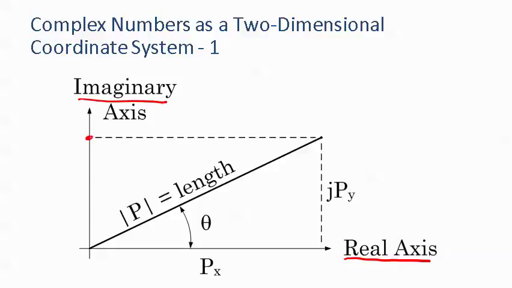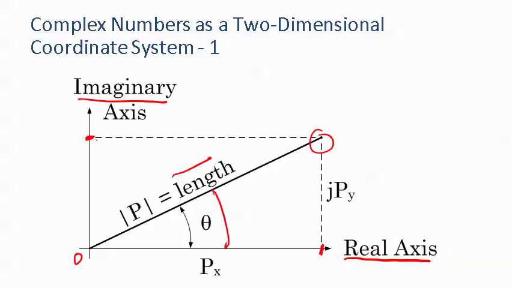For example, Py would be this projection on the imaginary axis. Px is the projection on the real axis. When you draw a line from the origin out to the point Px, Py, you get the hypotenuse of a right triangle, and that right triangle with its hypotenuse has a length and an angle.